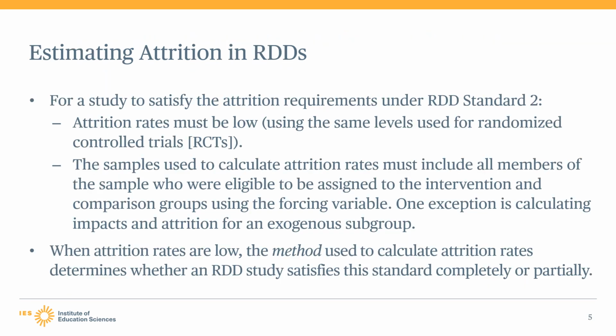For an RDD study to satisfy the attrition requirement, attrition rates must be low, and the samples used to calculate attrition must include all sample members who are eligible to be assigned to conditions using the forcing variable, and not just a subset of those participants known to the researcher.